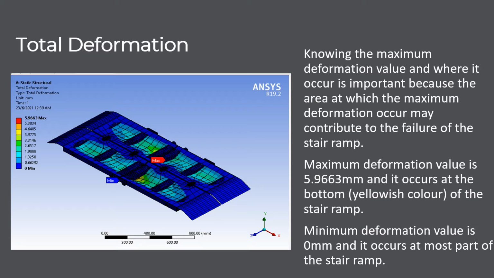Based on the figure, we observed that maximum deformation occurs at the center of the STAIR ramp, which is the red spot, and the value is 5.9663 mm, while the minimum deformation is 0 mm. The area where the maximum deformation occurs may contribute to the failure of the STAIR ramp. However, deformation can be caused by external loads, body force, change in temperature, and many more. In this case, the STAIR ramp may have deformation caused by external loads and body force.